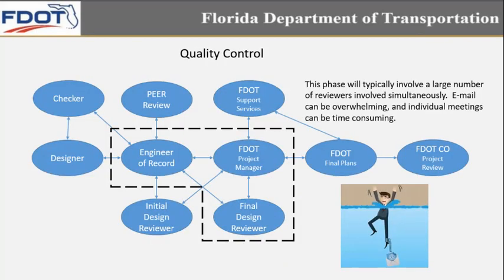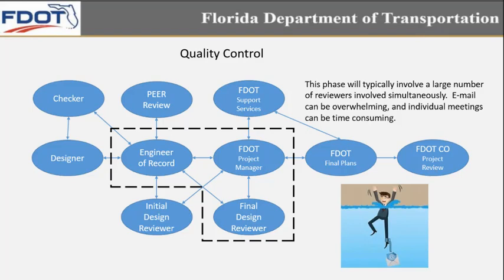Okay, quality control. I think you all remember this little diagram outlining different roles of personnel involved in QC. And you see outlined there a key role between the engineer of record, FDOT project managers, and your final design review. This is the point where a lot of people are reviewing projects simultaneously.